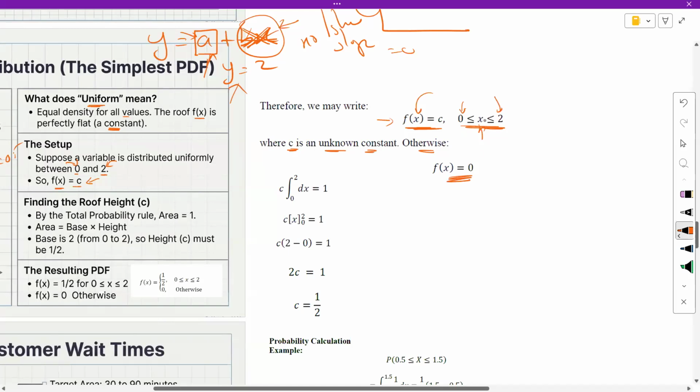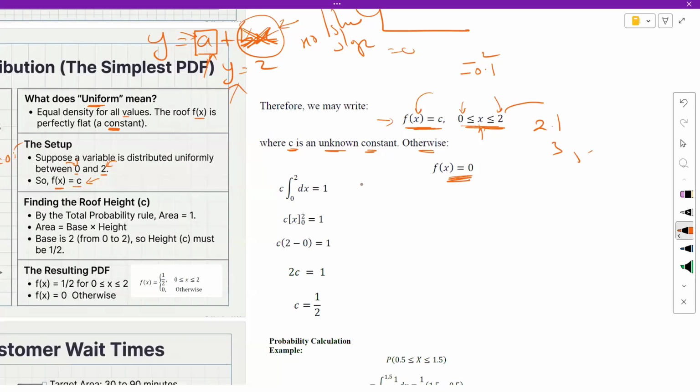If x takes any value outside this range, for example 2.1, 3, 5, minus 0.1 or minus 2, then it becomes 0. The area becomes 0.